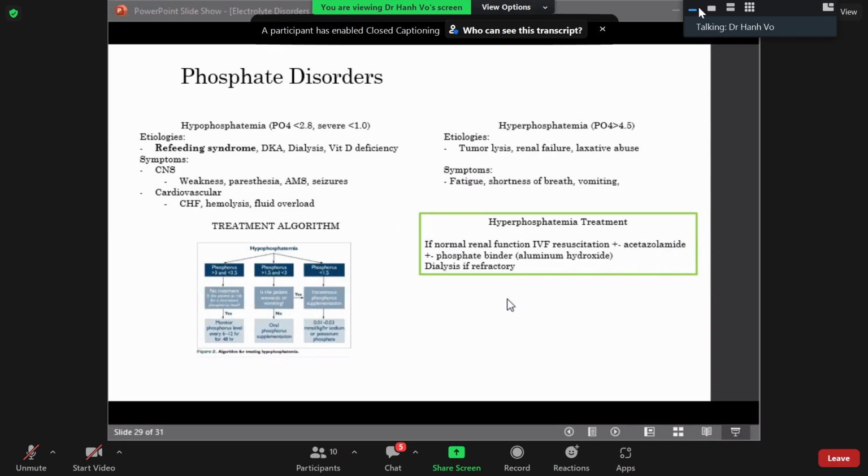Now we go to the phosphate disorders. In emergency practice, we rarely measure the phosphate level.